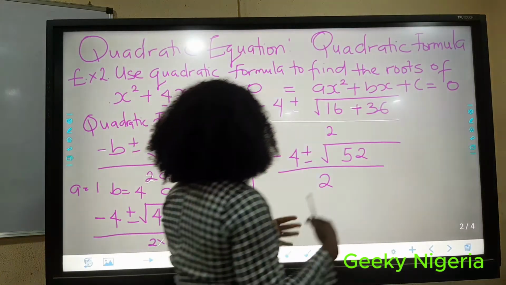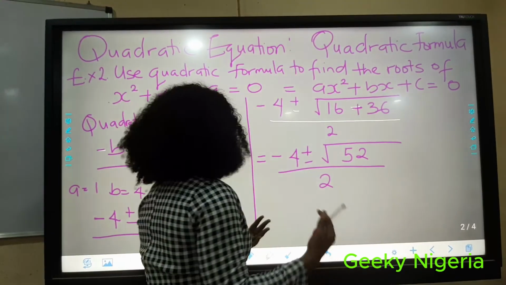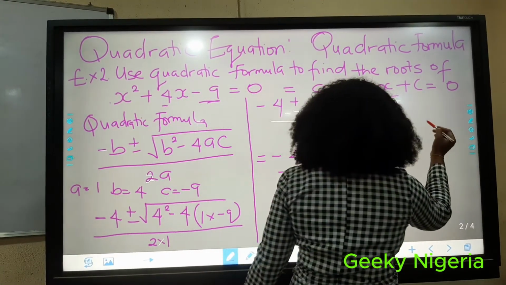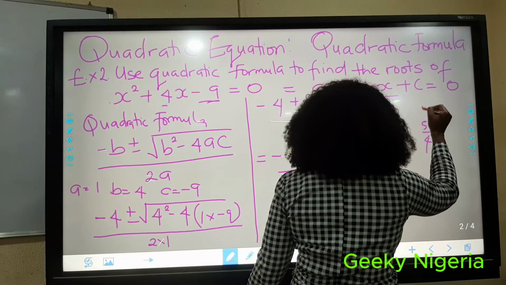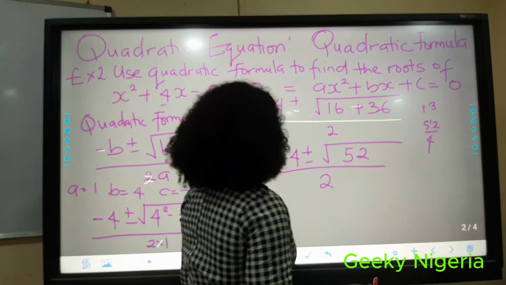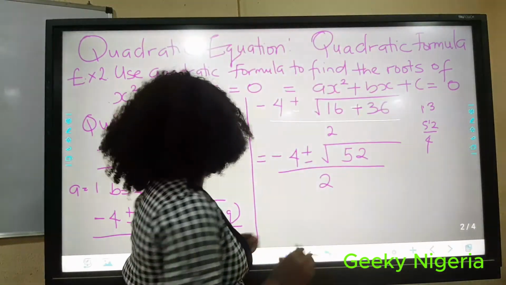So now check something whose square root is easy. Can 4 go into this? Let's see if we can. 52 over 4, we have 13. So it means 13 times 4 is giving me 52. So I can partly reduce that.